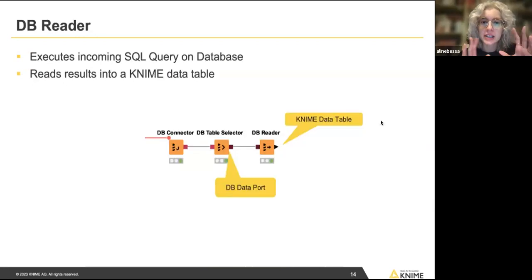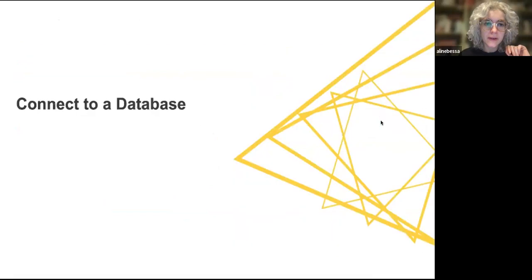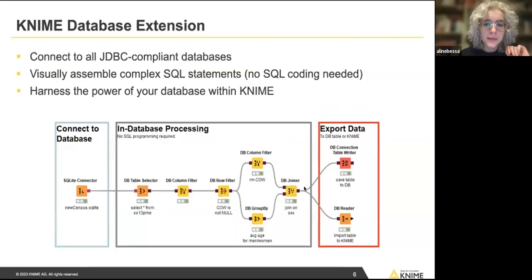So is it clear? Let me just make sure that you understand one thing. You see that this is a maroon port, right? So all of this processing here, table selector, filtering, group by, joiner, all of this generated a very complex SQL query that is optimized. And this is what you have in the maroon port.